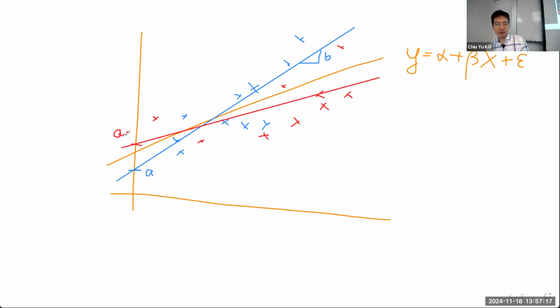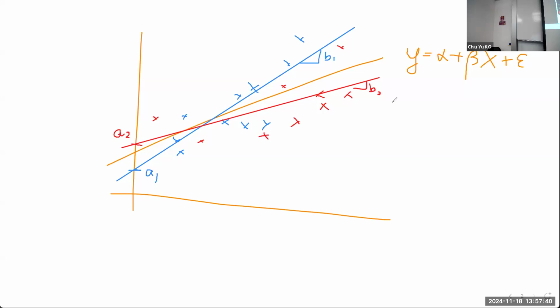Maybe to be safe, A2 here, to let you know this is the first one, right? And we have another slope, which is B2 here, okay? We will have many of these, okay? Collect many data sets, right? And unbiased means that the average of these A1, A2, A3, right?